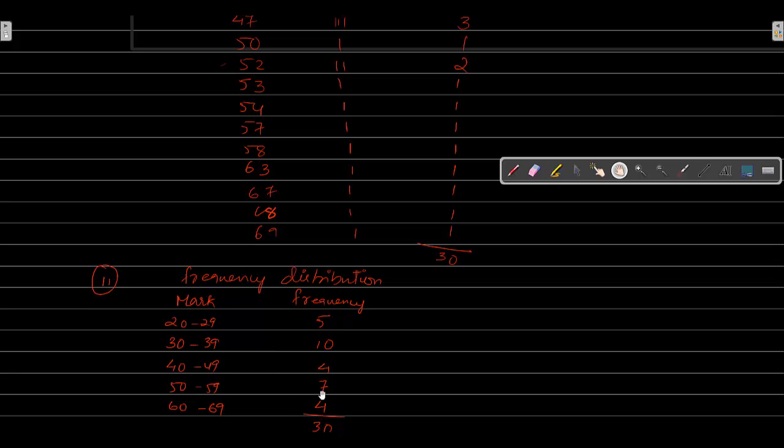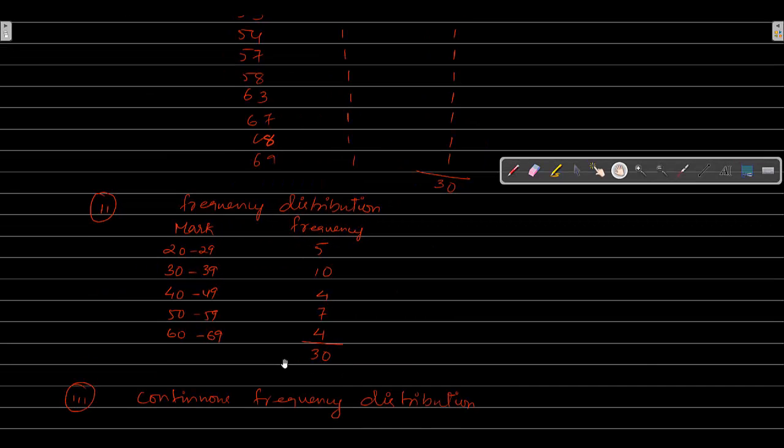If you add up all the frequency, you should also get 30. So this is the second answer. Now in the third bracket C, you are asked to convert this into continuous class intervals and make a frequency distribution table. So now convert this inclusive into exclusive.